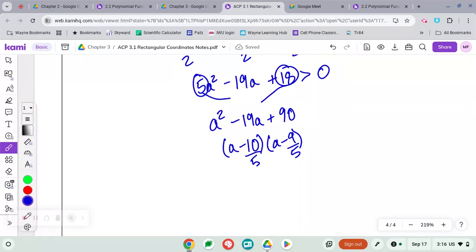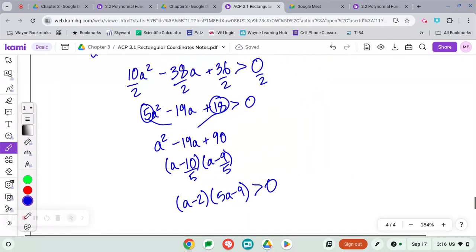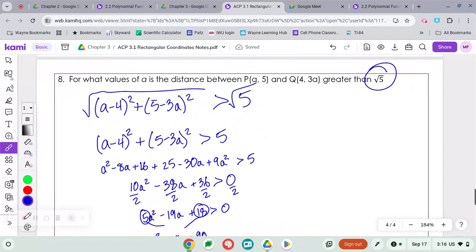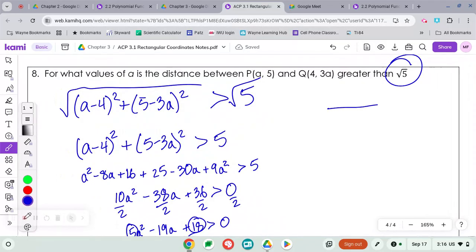So we see then that a minus 2 and 5a minus 9 has to be greater than 0. If it's greater, we know it's a positive. So if we think back to last chapter, my zeros, they're going to be 9/5 and 2.